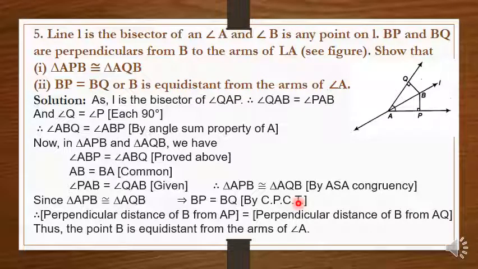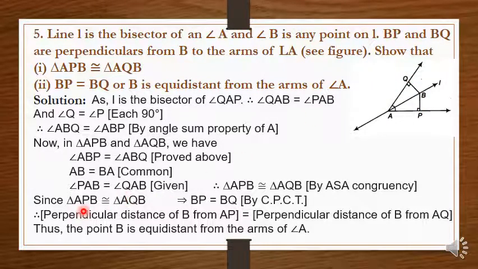And because they are congruent, for the second part of the question, the first part was this, and the second part said we have to prove BP is equal to BQ, or B is equidistant from the arms of angle A. Since these two triangles are congruent, they are exactly equal to each other. So we can clearly flip this here, and say AP is equal to AQ and BP is equal to BQ.